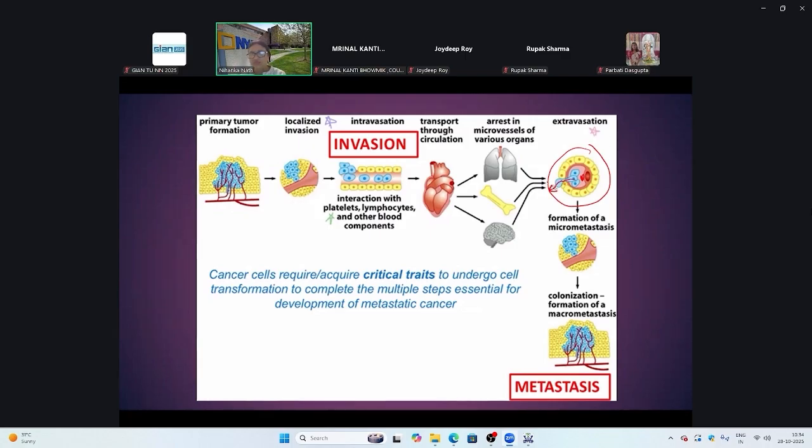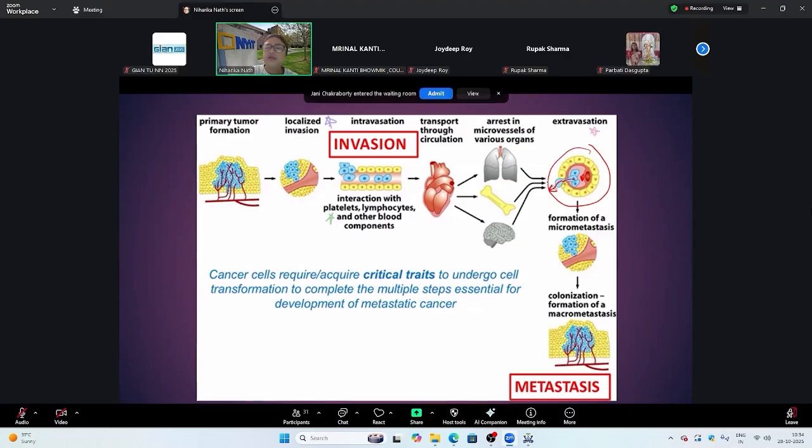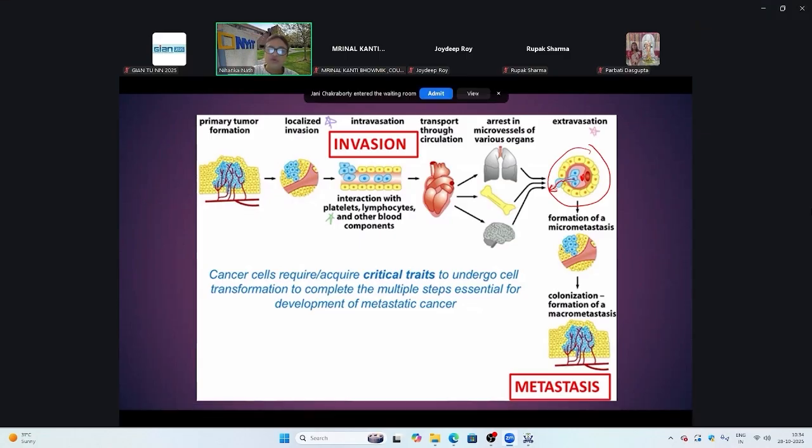So that's the beautiful thing about metastasis, that the cells have learned the art of squeezing and manipulating their shape to go where they want to go. They're not destroying other cells, they're not breaking other cells, they're manipulating themselves and doing the process.